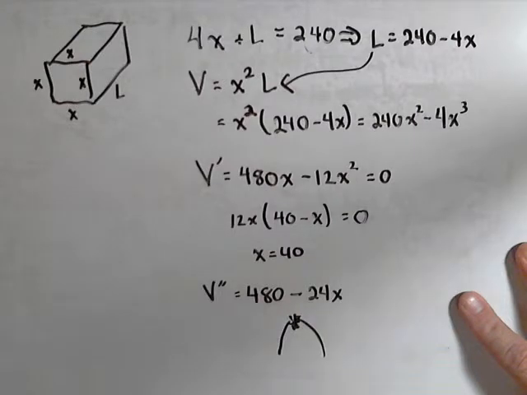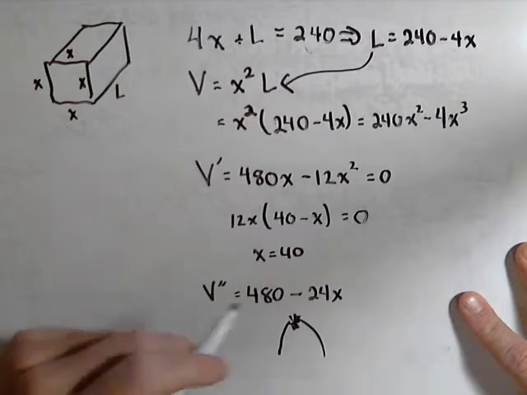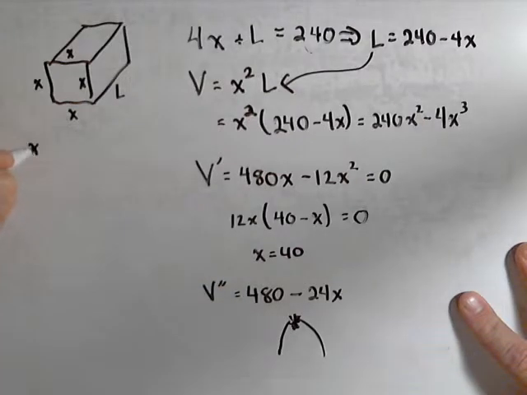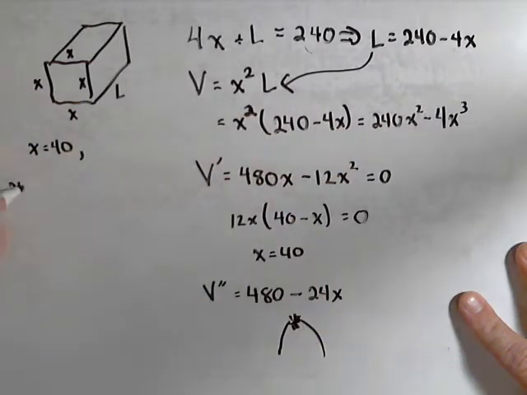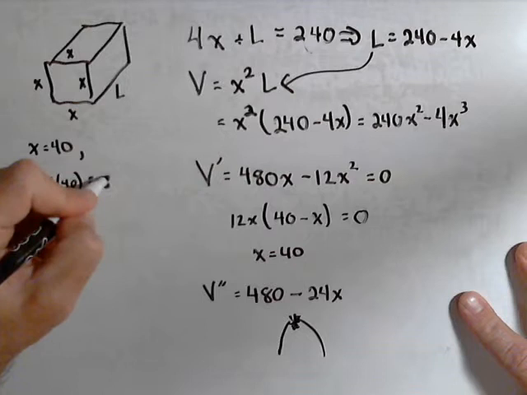Now we wanted to find the maximum volume, so we know that x has to be 40. L, well, let's just go back to here, plug in 40. So 240 minus 4 times 40, which is 160, is 80.